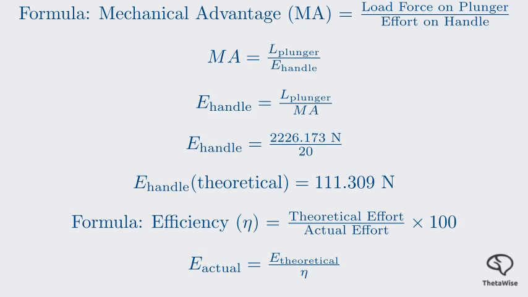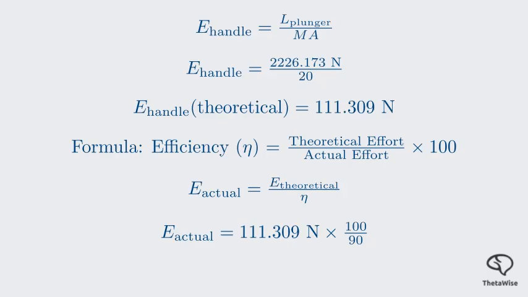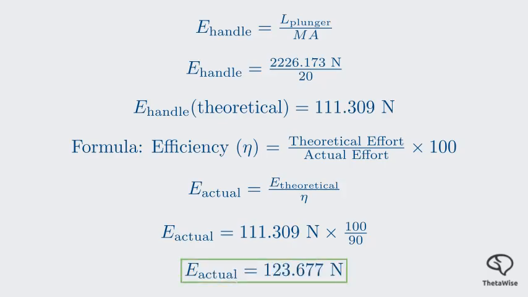Note that to get the actual effort from the theoretical effort, we divide by the efficiency as a decimal, or multiply by the reciprocal of the efficiency. In this case, the efficiency is 90%, or 0.9. So, the actual effort is 111.309 newtons divided by 0.9, or multiplied by 100 over 90. This gives us a final answer of 123.677 newtons.